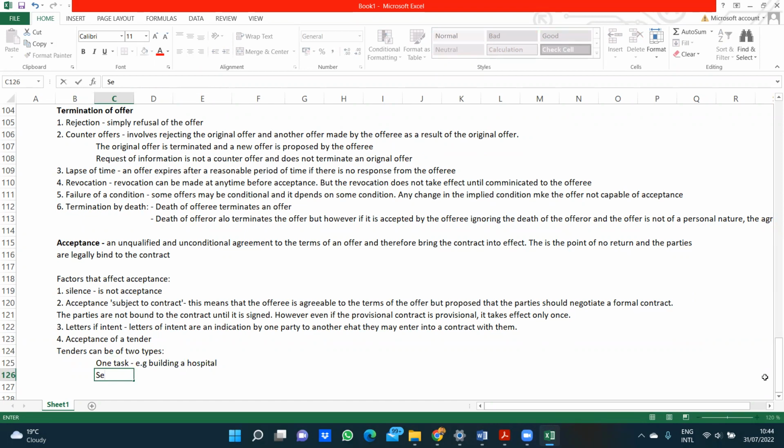It can be a supply of things, for example, supply of vegetables to a restaurant daily.